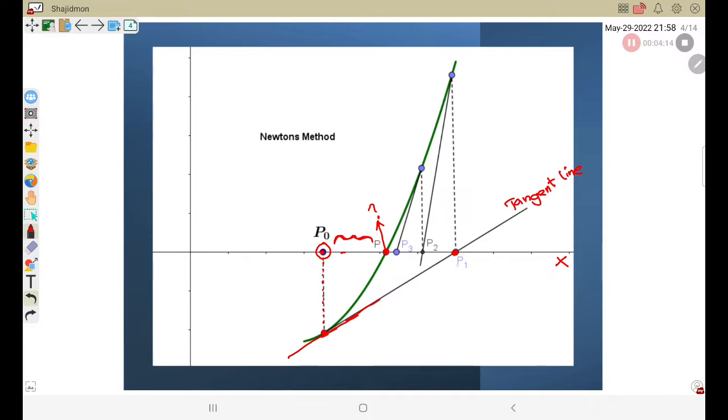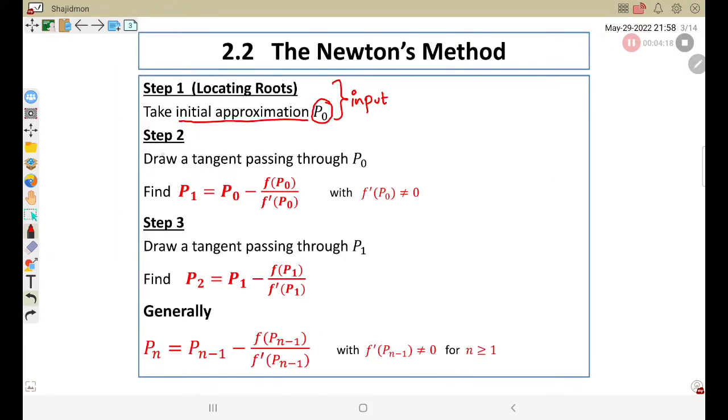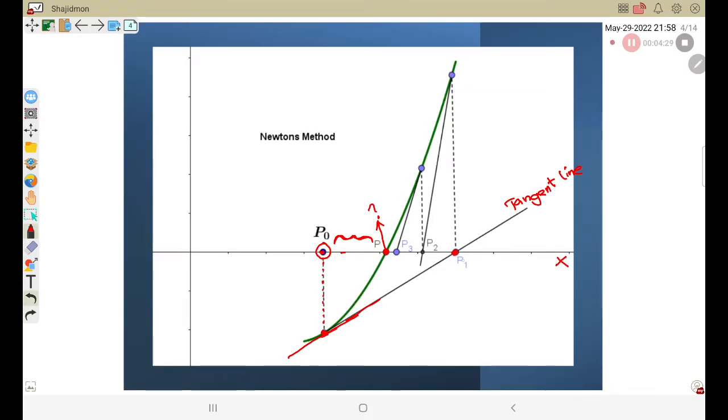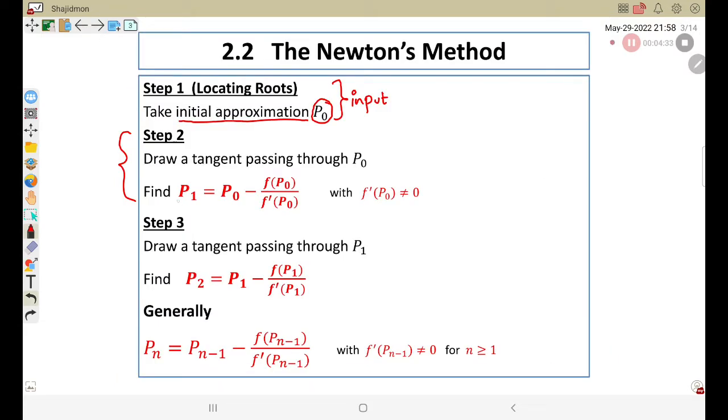So how can we calculate this P1 number from the tangent line? Here it is given: step 2, draw a tangent line passing through the point P0, then find P1, the x-axis touching point. We can calculate this P1 number by using this rule: P1 equals P0 minus f of P0 divided by f dash of P0, provided that f dash of P0 is not equal to 0.